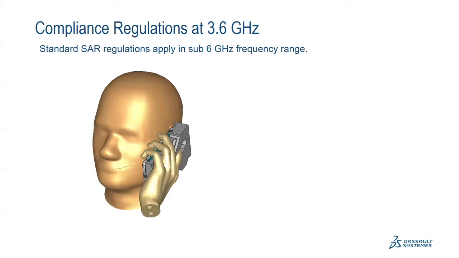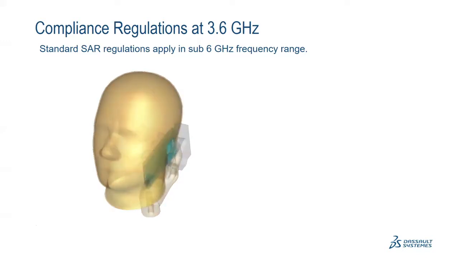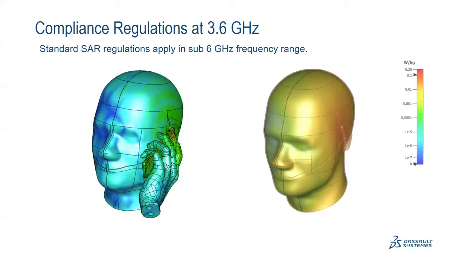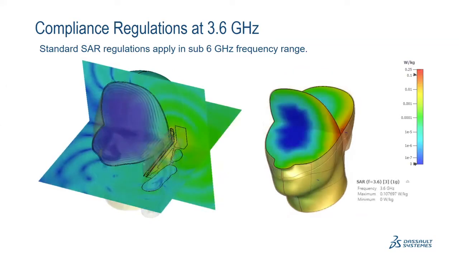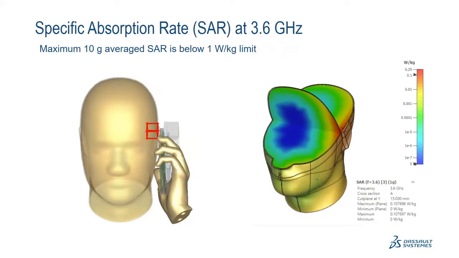SAR stands for specific absorption rate. So we have to be in compliance with this SAR regulation for frequency ranges below 6 gigahertz. With our CST solution, we were able to do this simulation and see what the SAR distribution is. Based on this result, you'll be able to see whether your design is in compliance with this regulation. And of course, this is really great for designers for antenna design and positioning. I would say that this can provide you some great feedback and can guide you a lot.